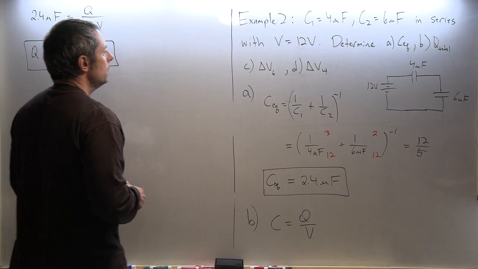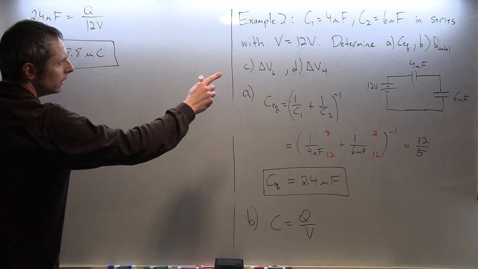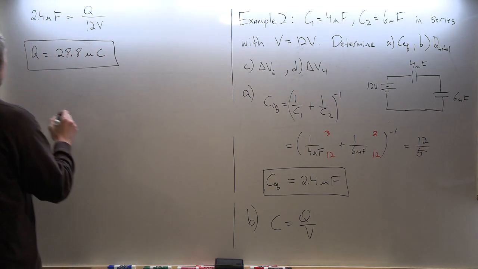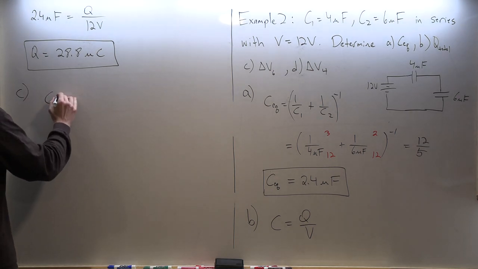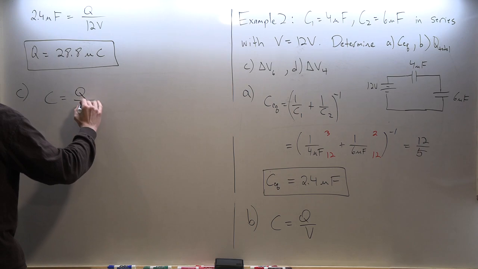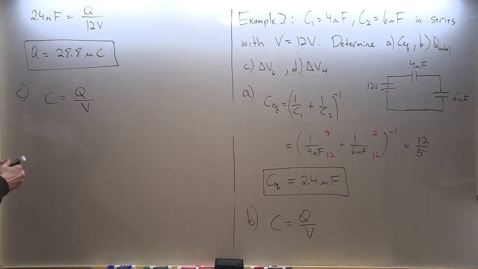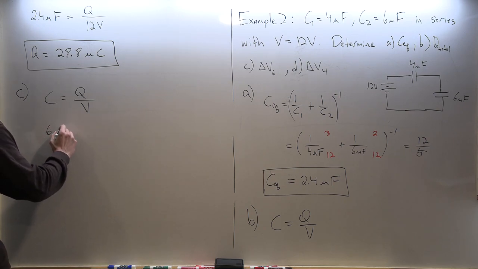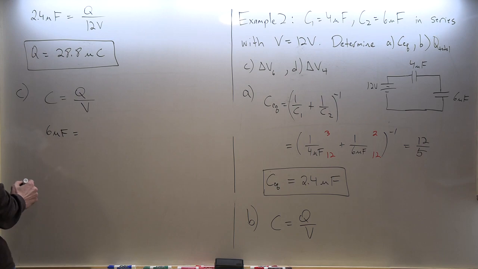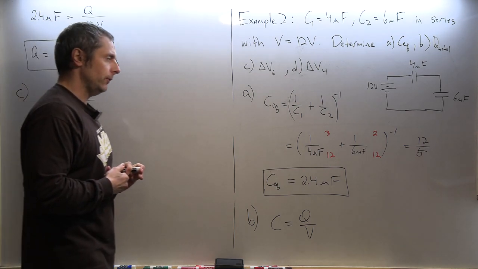Well, what you could do is, that's part C, the voltage for the 6, I could use C equals Q over V, because I use the capacitance of the 6 microfarad, and I know the charge on the 6 microfarad.